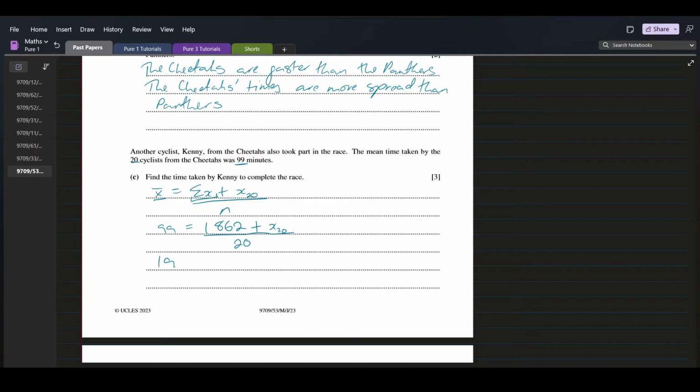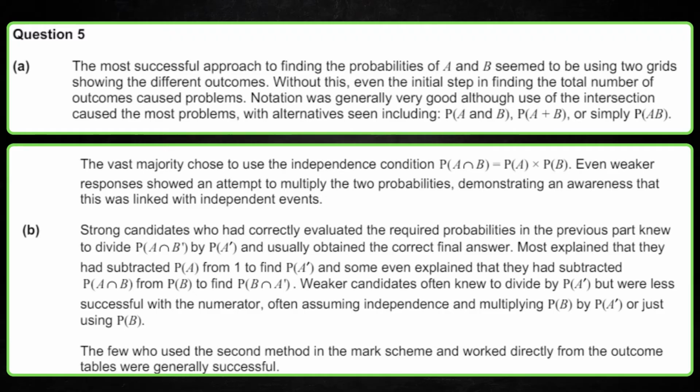You get 1980 is equal to 1862 plus x20. So x20 must be equal to 1980 minus 1862, and that gives us 118, and this represents Kenny's time, and that's our final answer.